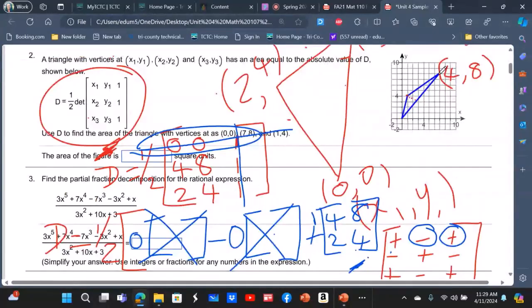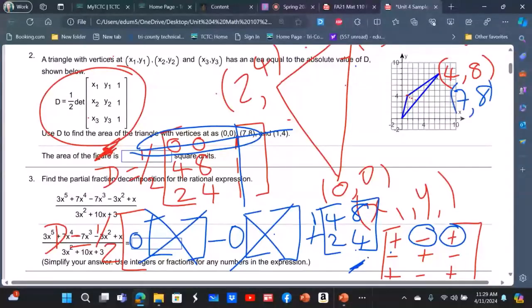This point right here is actually 1, 2, that's 4 there, that's 7. So that's 7, 8. That is why it's not right. Sorry about that. So this point is 7, 8.